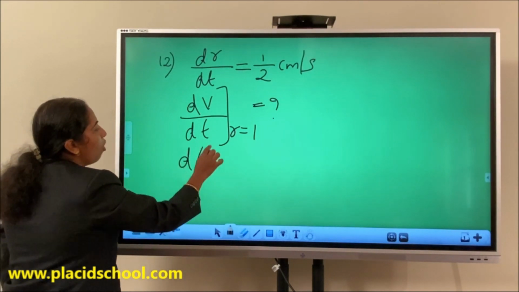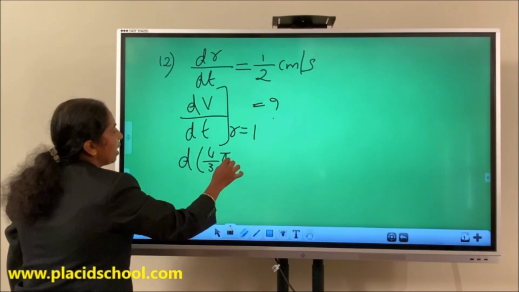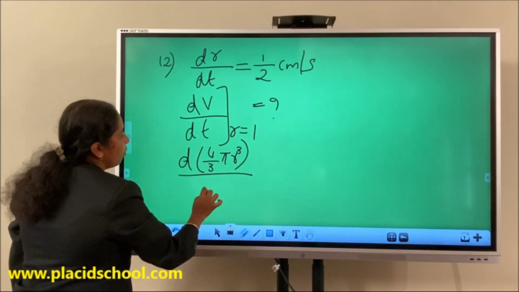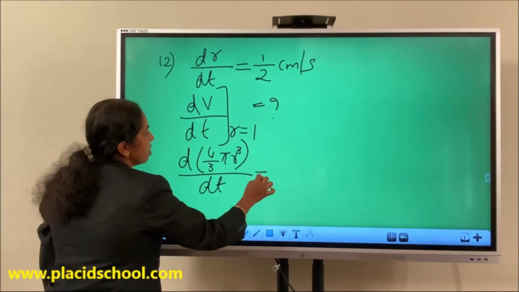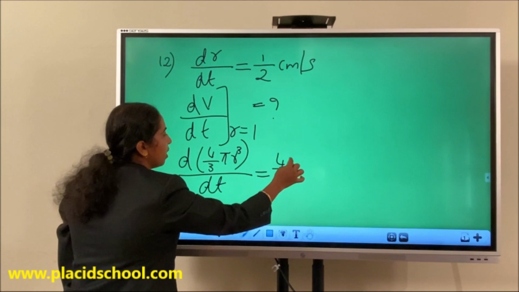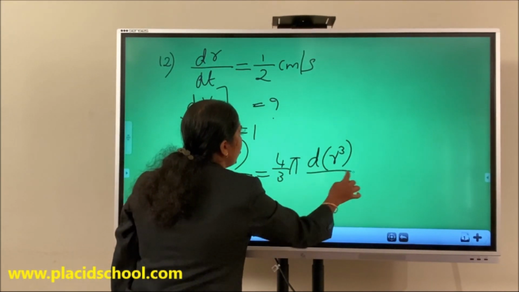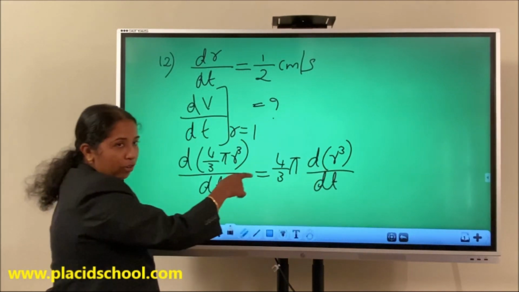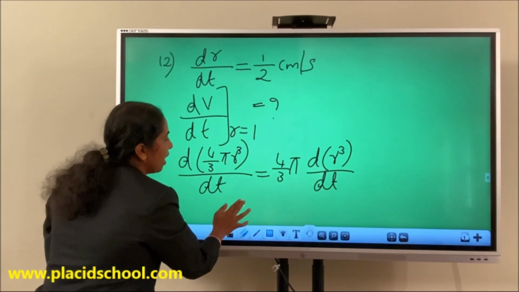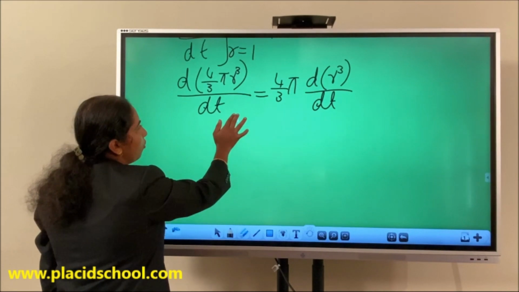Now, volume of air bubble is supposed to be spherical in shape. So, derivative of 4 by 3 pi r cube with respect to t is equal to 4 by 3 pi into, it's a constant, derivative of r cube with respect to t. Now, in order to differentiate this with respect to r, I am going to apply chain rule of derivatives.